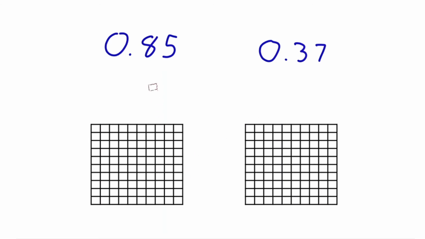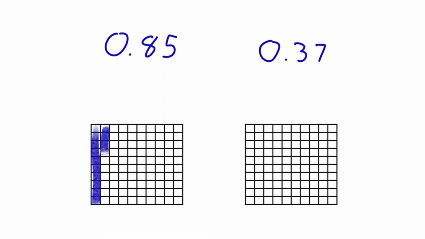But before we're really comfortable with how to use the tenths, let's go ahead and use this model. So we're going to take the 8 in the tenths place, and since there's 1, 2, 3, 4, 5, 6, 7, 8, 9, 10 columns, we know, just like on the tenths grid, where there is only 10 spaces, we can fill in 8 of these.